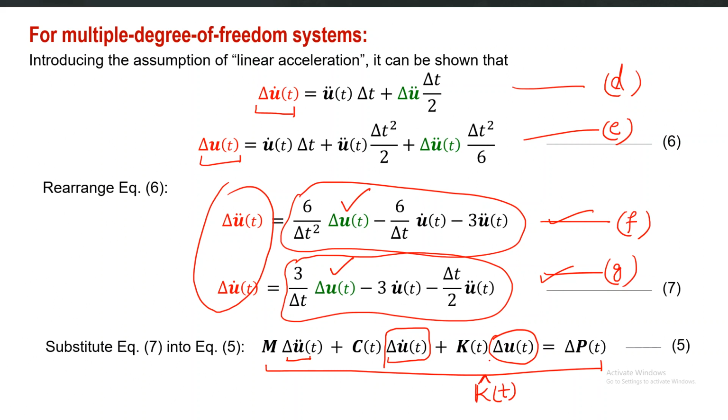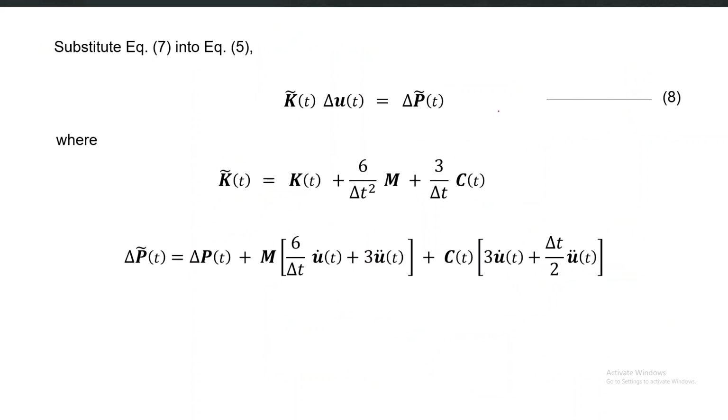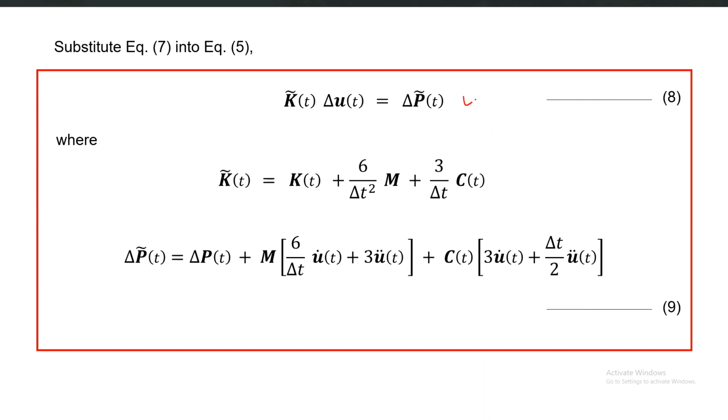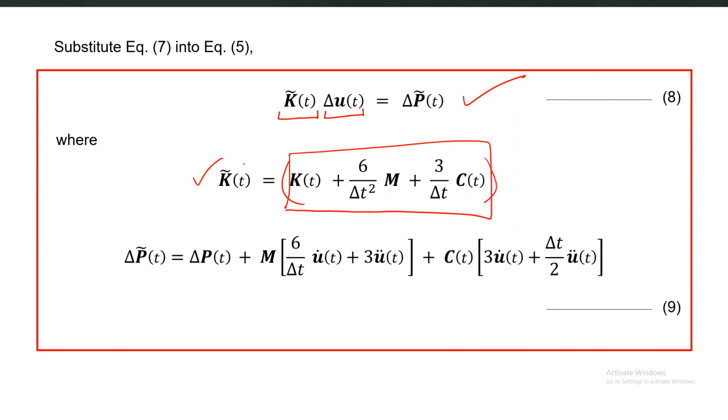So when we put it back, the governing equation of motion will simply be reduced to this simple equation, and delta u will be common in all the terms. Whatever is in the bracket being multiplied by delta u, we call the K prime matrix. The K prime matrix is the original K matrix plus 6 over delta t squared into the mass matrix plus 3 over delta t into the damping matrix.